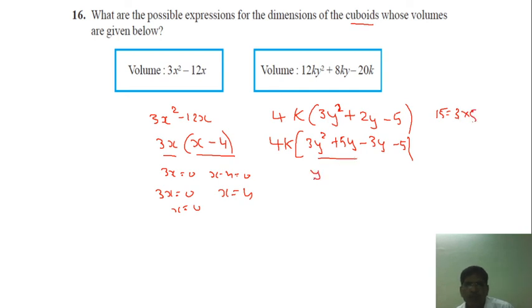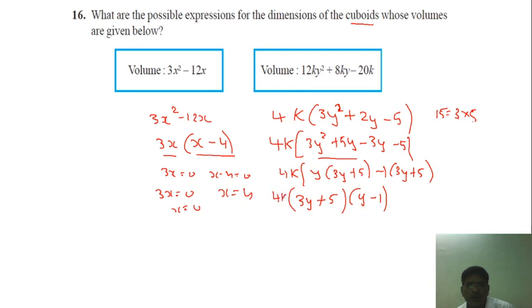So here only y is common, so 3y plus 5. Minus 1 is common. When nothing is common, you have to take minus 1. And 4k is outside. So 3y plus 5 and y minus 1 and 4k. So k is equal to 0, 3y plus 5 is equal to 0, that is y is equal to minus 5 by 3, and y is equal to 1.